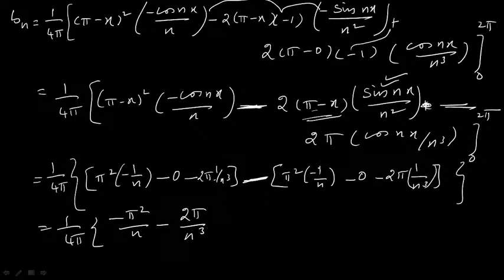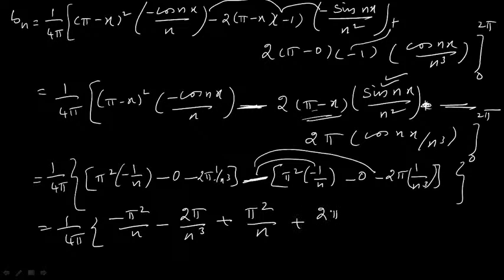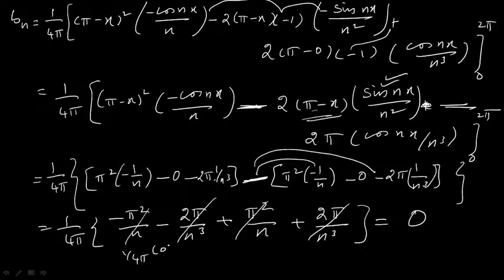So here minus and minus becomes plus. So plus pi square divided by n. Here minus and this minus becomes plus. So 2 pi divided by n cube. What happens? So this pi square by n and this pi square by n cancel, and this one being cancelled, the resulting value we have obtained as 0. 1 by 4 pi times 0 is nothing but 0. So the value of Bn we calculated as 0 for this problem.